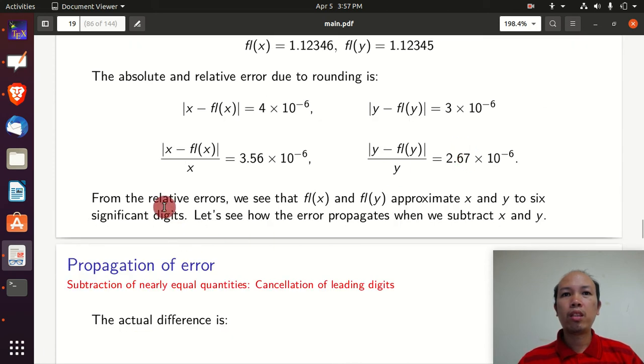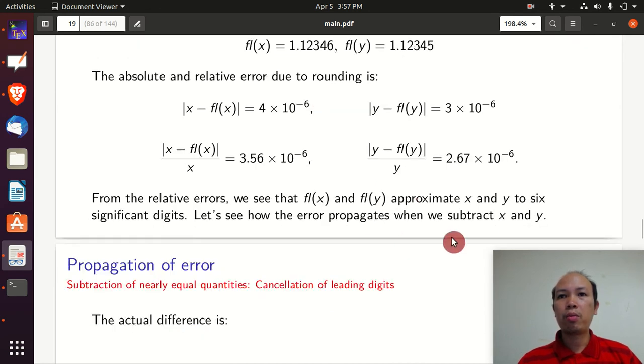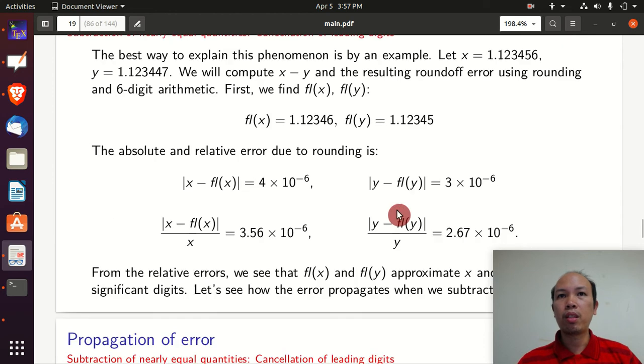From the relative errors, as you can see, we see that FL of x and FL of y approximate x and y to 6 significant digits. Now let's see how the error propagates when we subtract x minus y.